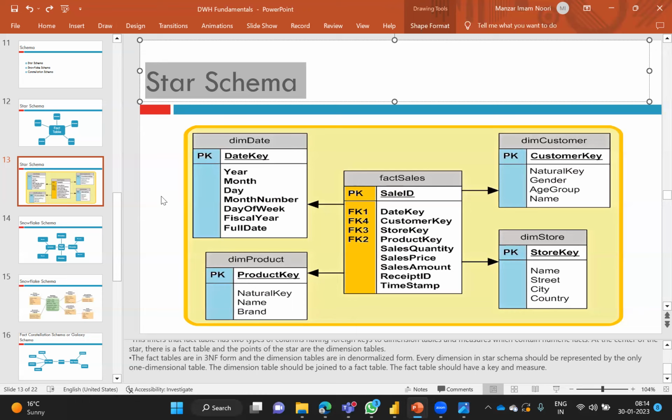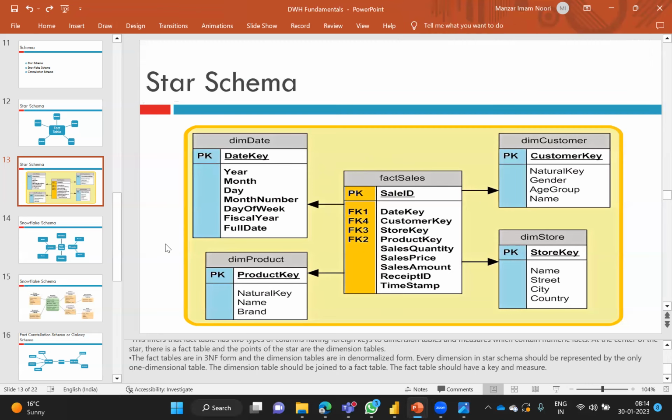They will consider all of these, and based on that they will decide on creating the model, whether they should use the star schema or the snowflake schema.